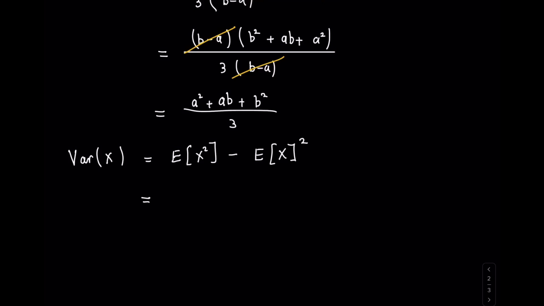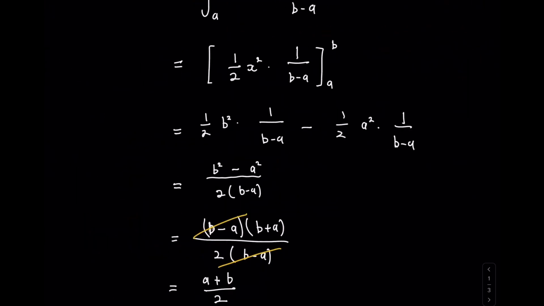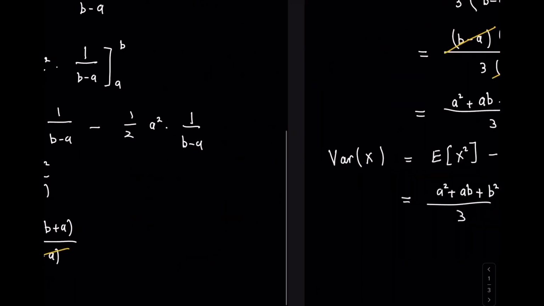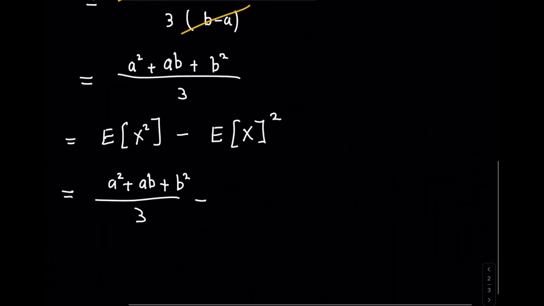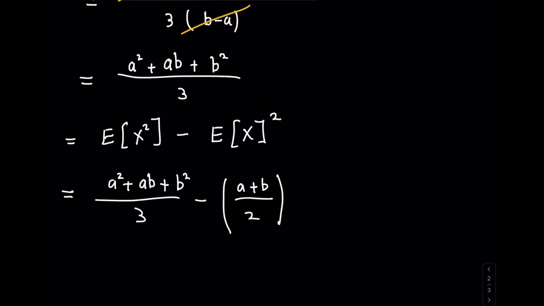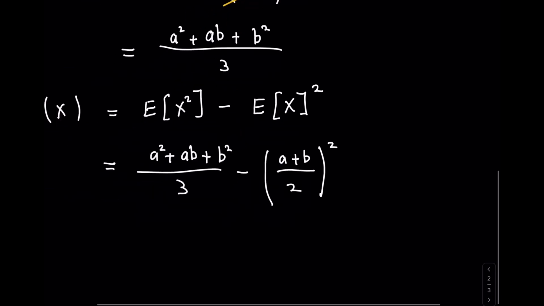Here we just derived our expression for the expected value of x squared above, so we're going to put that through: a squared plus ab plus b squared over 3. And then we've got minus our expression here, a plus b over 2 for the expected value of x, so it becomes a plus b over 2 all squared.